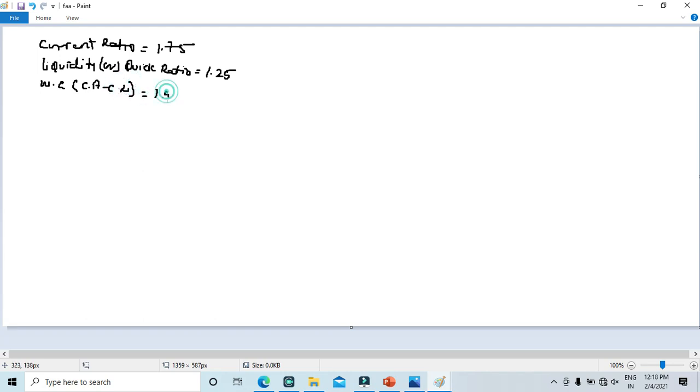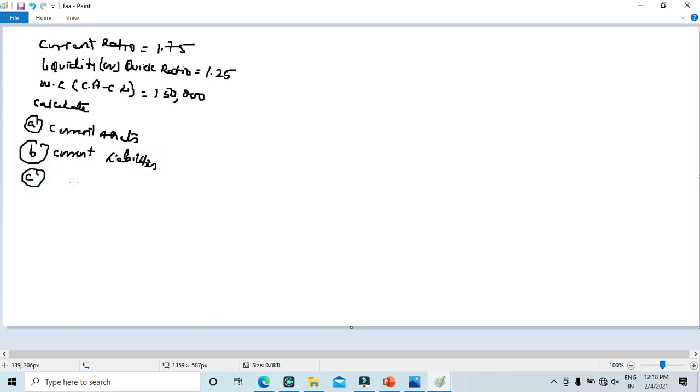He has given you current assets 1.75 and current liabilities 1. So you need to just subtract them, 1.75 minus 1. Your working capital will then be 0.75. We can subtract not only the amounts but also the ratios. The numerator is 1.75, the denominator is 1, so you subtract, and that is how you get the working capital.